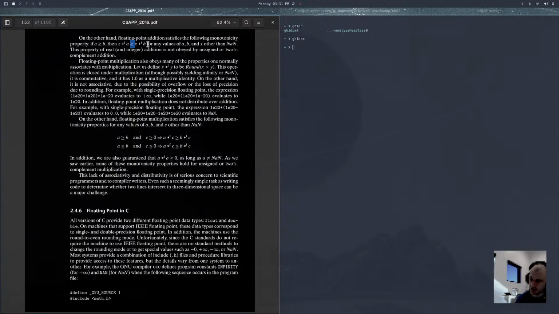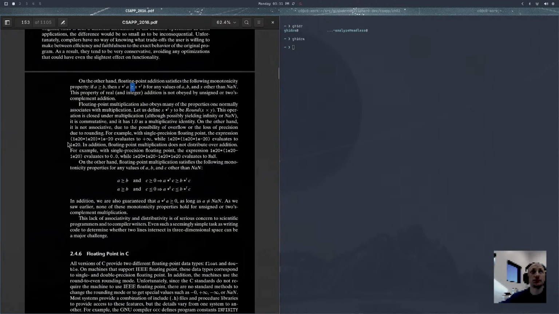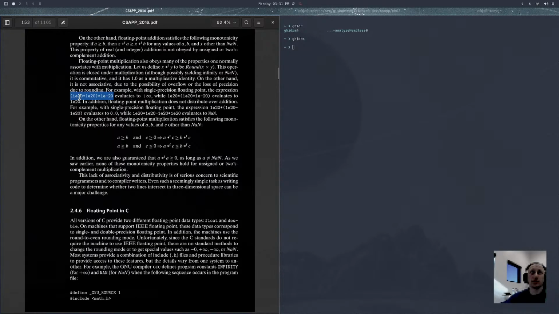For example, with single precision floating point, this is a good example. 1e20 times 1e20 is such a huge number that it overflows.